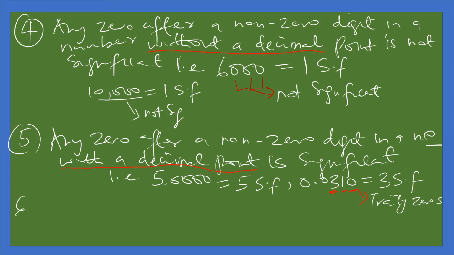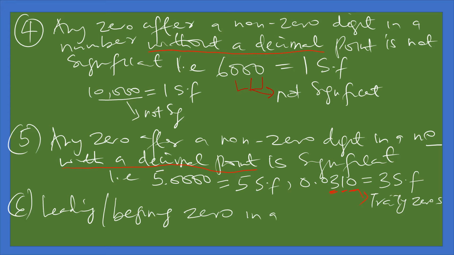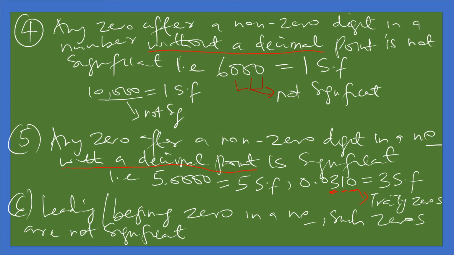Now let's take the last rule. Whenever you have leading, or we can say beginning, zeros in a number, such zeros are not significant. What do I mean by that?